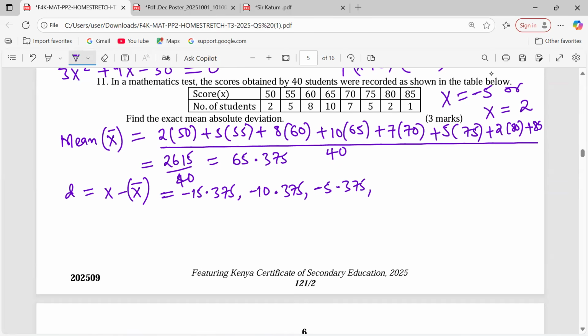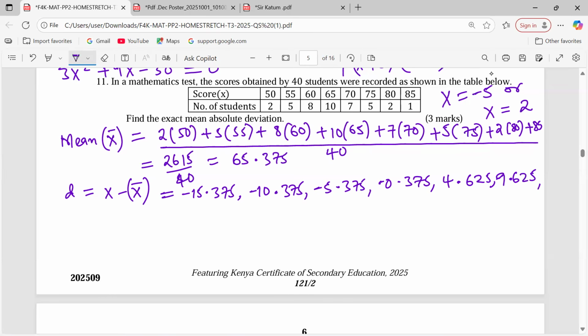5.375. The next shall be after 60, 65 minus 65.375, I'm getting negative 0.375, comma, 70 minus 65.375, giving us 4.625, comma, that's after 70, 75 minus 65.375, this giving us 9.625.